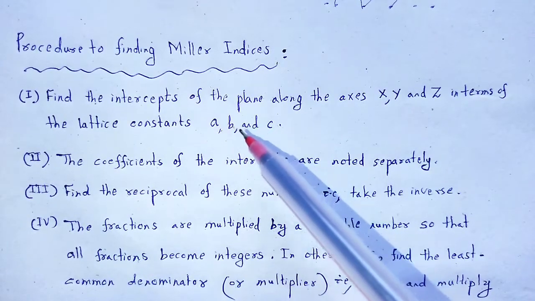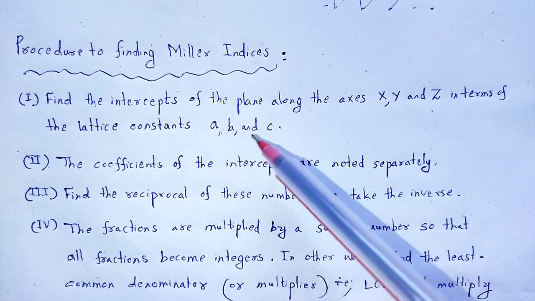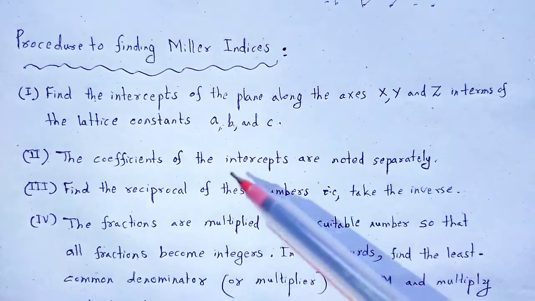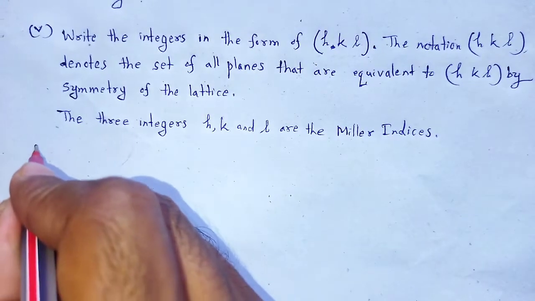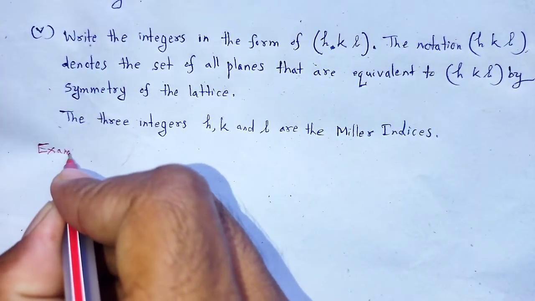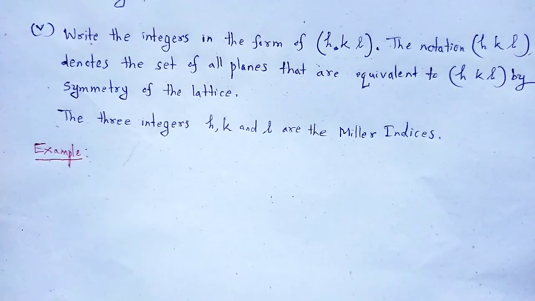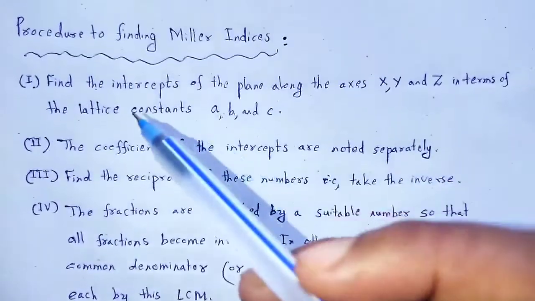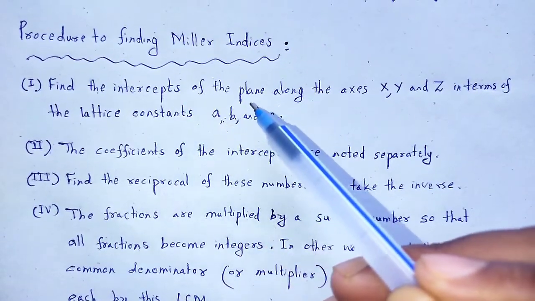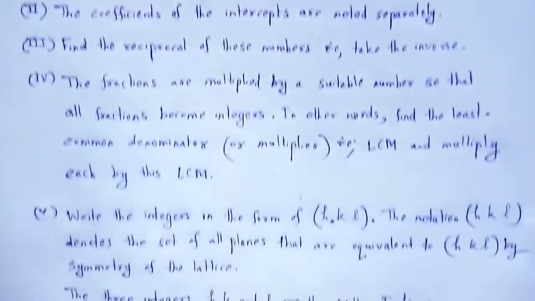When we are dealing with translational lattice vectors, a, b, c are the lattice vectors. We can understand it by taking an example, to understand how to find the Miller indices. First, find the intercepts of the plane along the axes x, y, z in terms of lattice constants a, b, c.